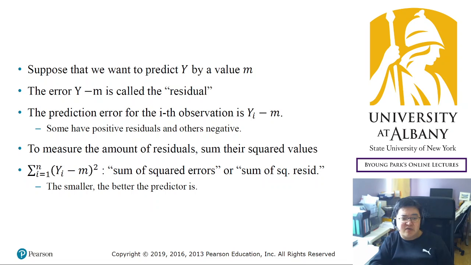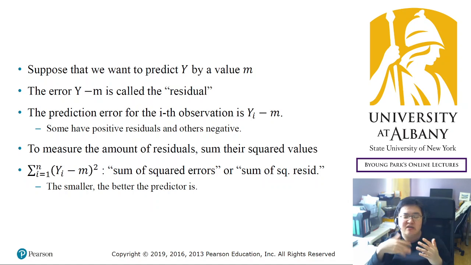And what we do here is we would like to measure the total amount of the residuals by one number. But being positive and being negative causes a problem, because when you simply sum those errors, positive random errors will cancel out the negative random errors. So in the end, it may be 0, even though there are many positive and negative errors.